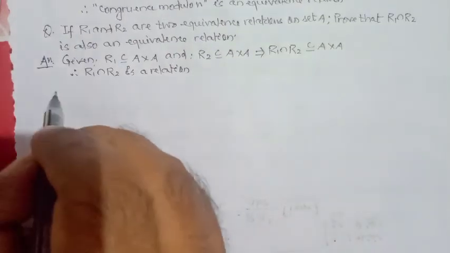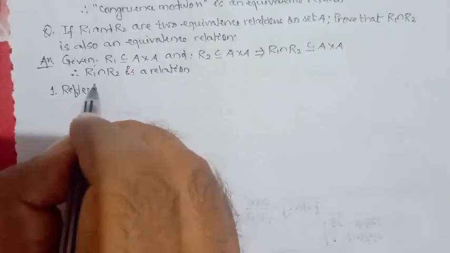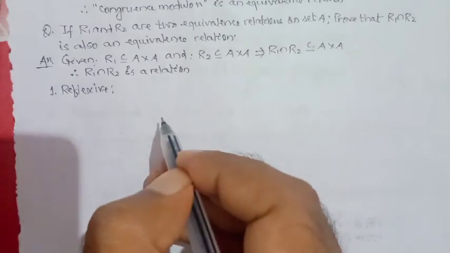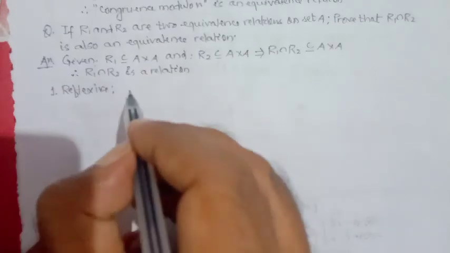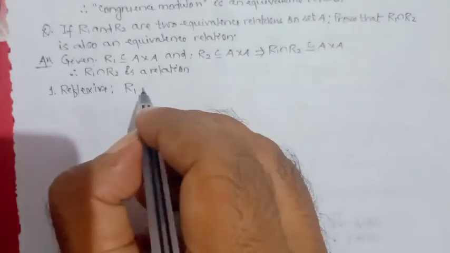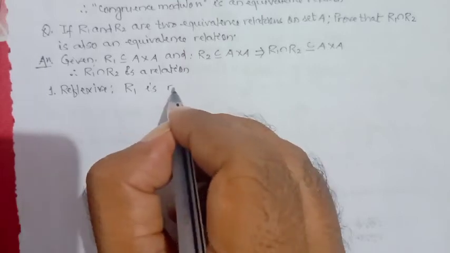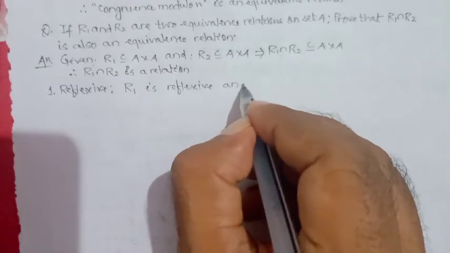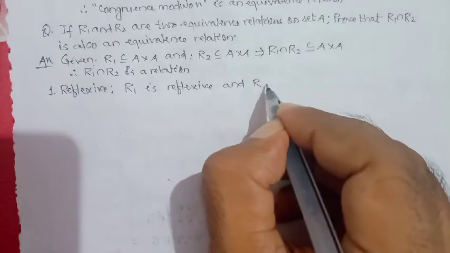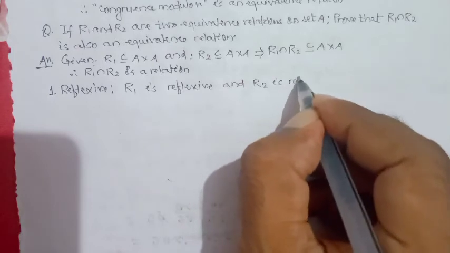First see reflexivity. Since R1 is a given equivalence relation, R1 is reflexive. And so is R2, because R2 is also an equivalence relation, so R2 is reflexive.